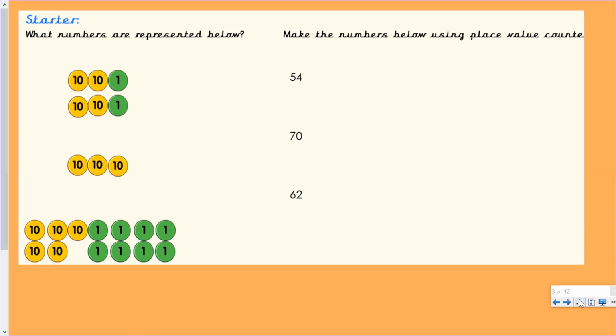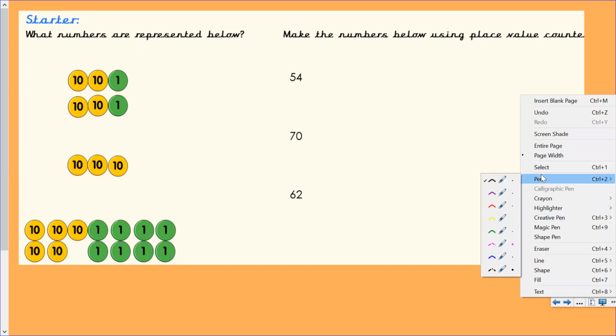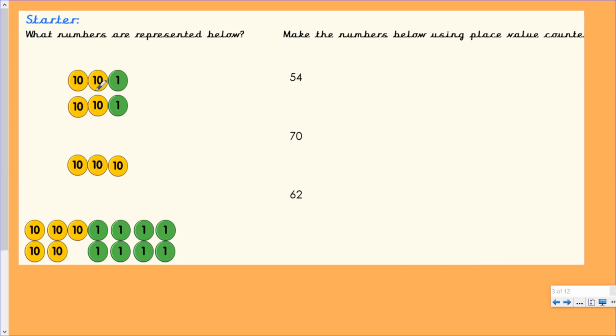Okay, so let's look at the first one. Let's look at how many tens we've got, counting in tens. 10, 20, 30, 40, 41, 42. Let's look at the second number, counting in tens. 10, 20, 30.